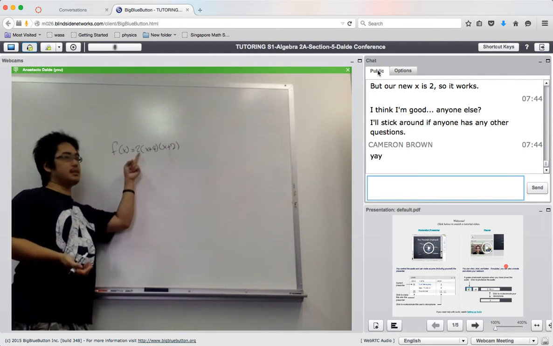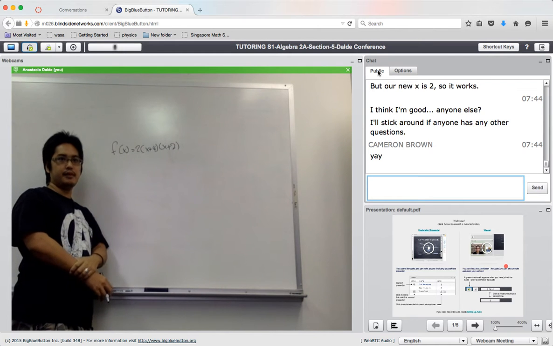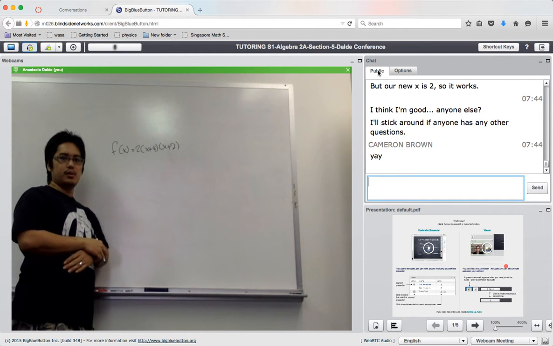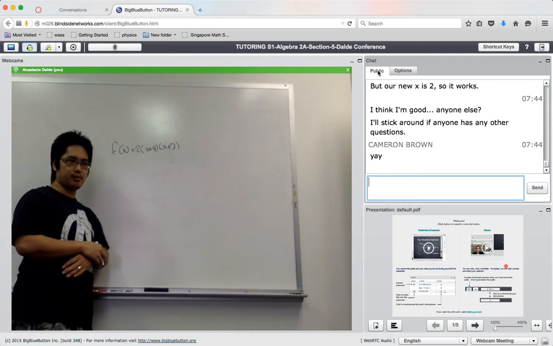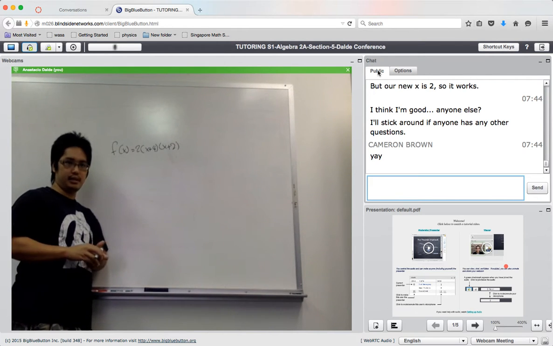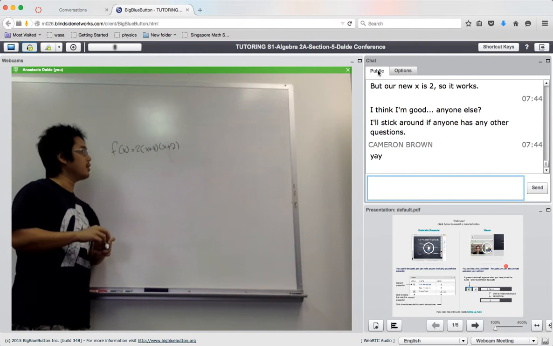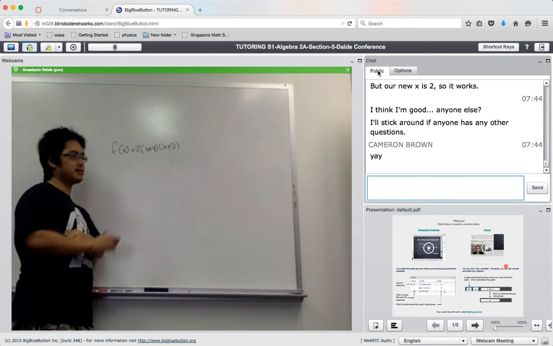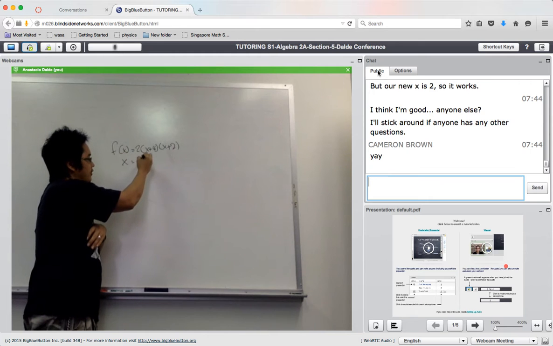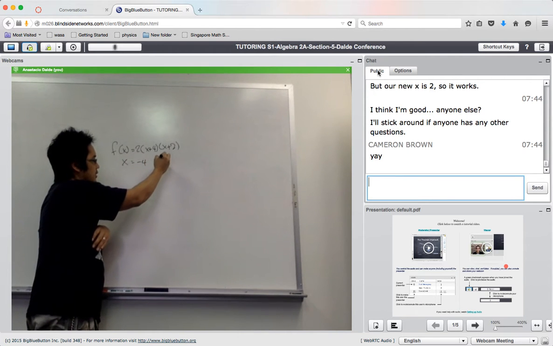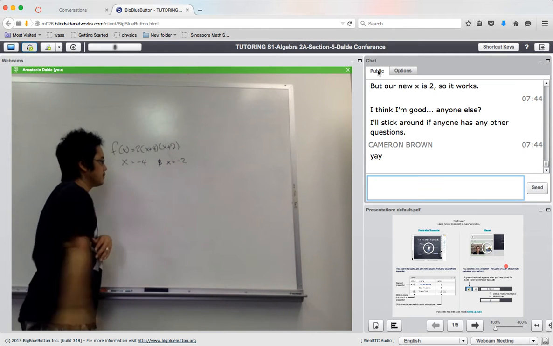What form is this one? Factored form, exactly. Very good. When I have things in factored form, what kind of information am I able to draw out immediately? X-intercepts. X-intercepts, good. What are the x-intercepts of these things? -4, -2. Perfect. And x equals -2.